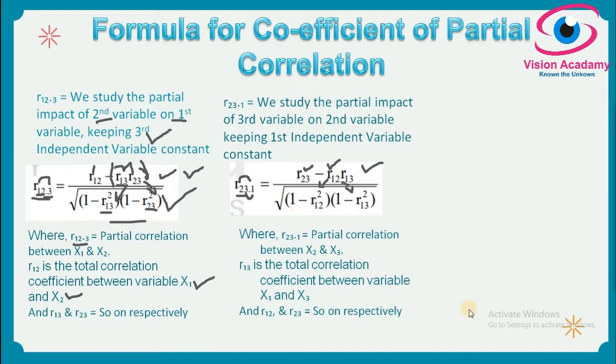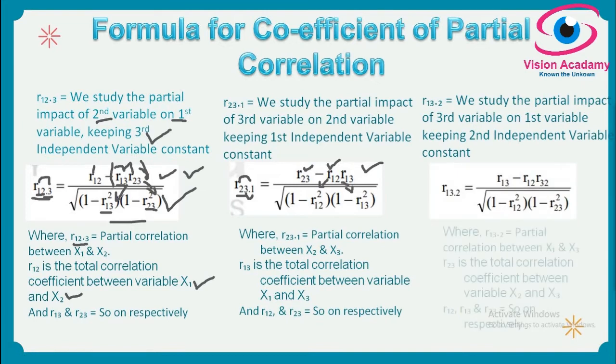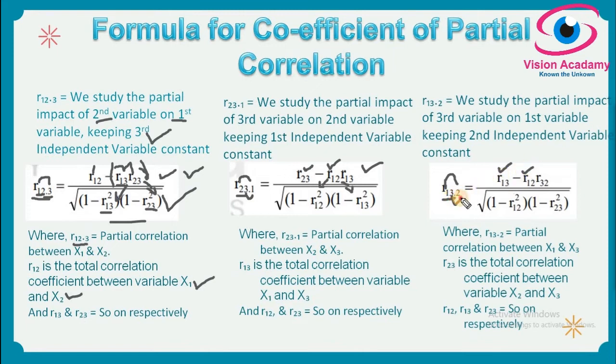So let us see the third option also. Another combination is R13.2. Here also I can formulate a formula like this: firstly I will consider two variables, that is R13. Thereafter I will consider the first and second variable, that is R12. Thereafter I will consider the second and third variable, so that is R32.